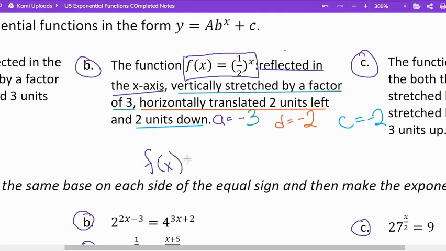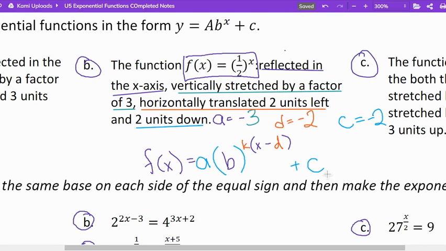So f of x equals, and let me write down where the letters go. A, some kind of B, whatever the B is. The K goes out front here. X minus the D goes here, and then the plus C goes here.